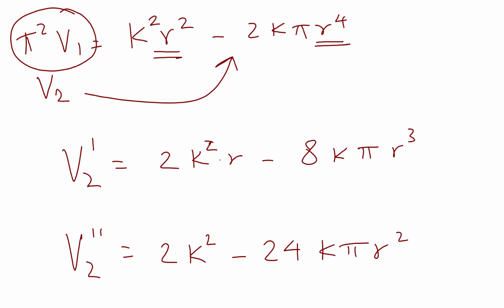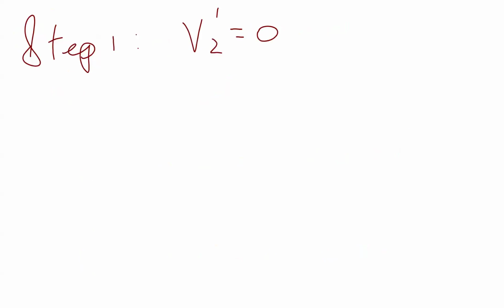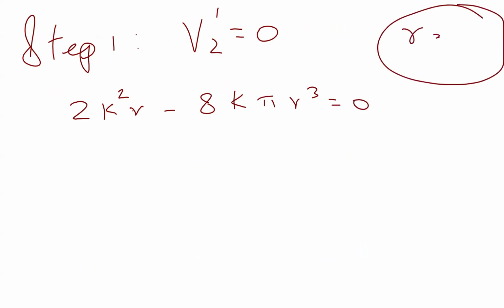Now what is V2 dash? 2K square R minus 8K pi R cube is equal to 0. So what is the value of R? After solving this, you'll get some value of R. I will also solve. You also keep solving. If you get the answer, tell me.